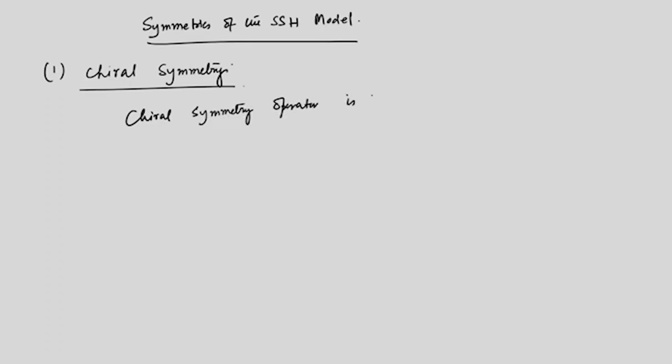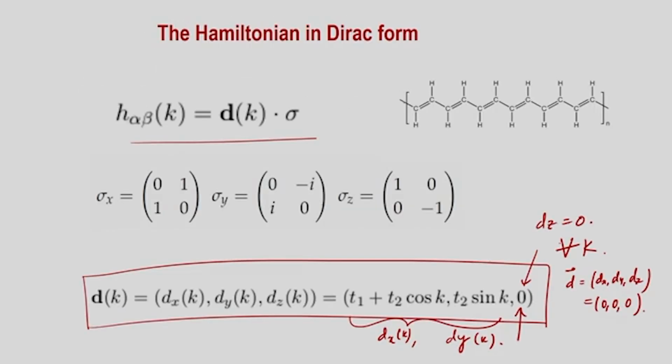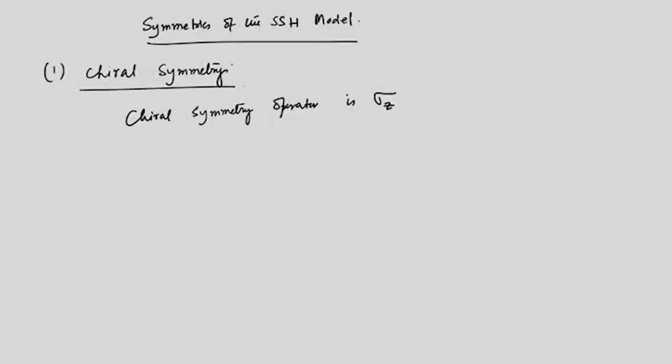is nothing but sigma z, which is the z component of the Pauli matrix which you see here. So, that is the chiral symmetry operator, and we need to check whether sigma z h of k sigma z dagger, we have already defined h of k, is equal to what for one to have a chiral symmetry.